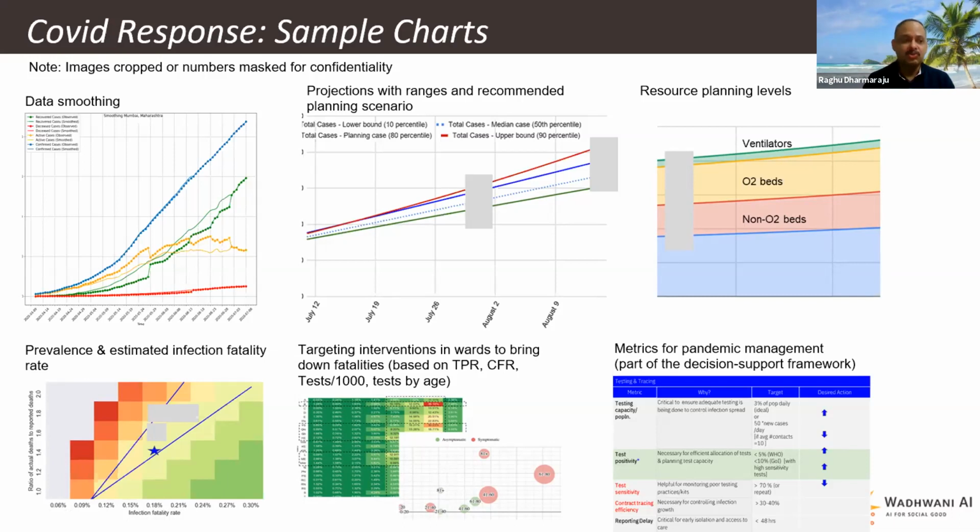And we ended up actually focusing a lot of our energy in Mumbai. So from helping them clean up data to using some advanced techniques to do data smoothing, to doing projections with uncertainty estimates, because that's important to actually figure out what scenarios you want to plan for, to getting granular estimates for resources. We even did estimates for nurses and hospital staff, that sort of thing.